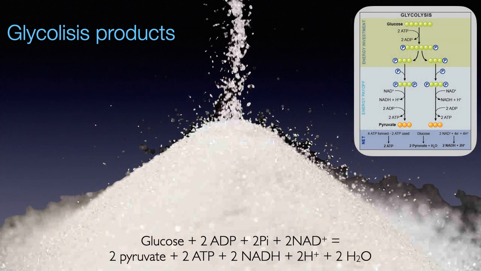Alright, this formula here shows that a molecule of glucose can produce 2 molecules of pyruvate, 2 ATPs and 2 NADHs. These NADHs can be converted later to 3 ATPs each.